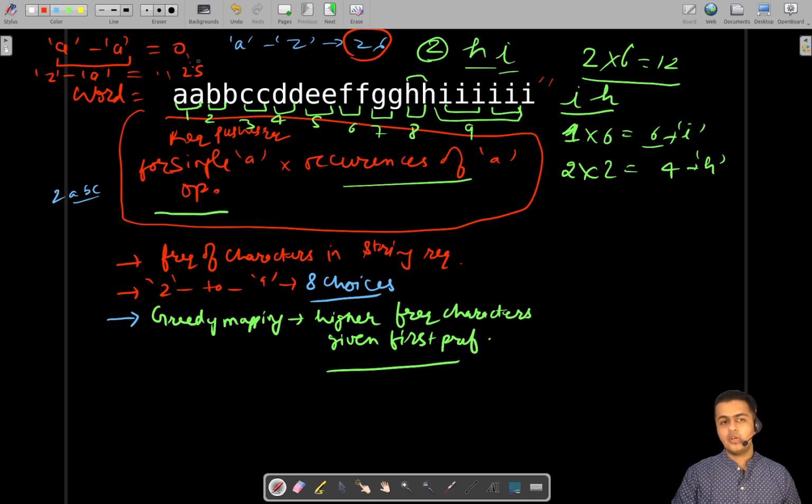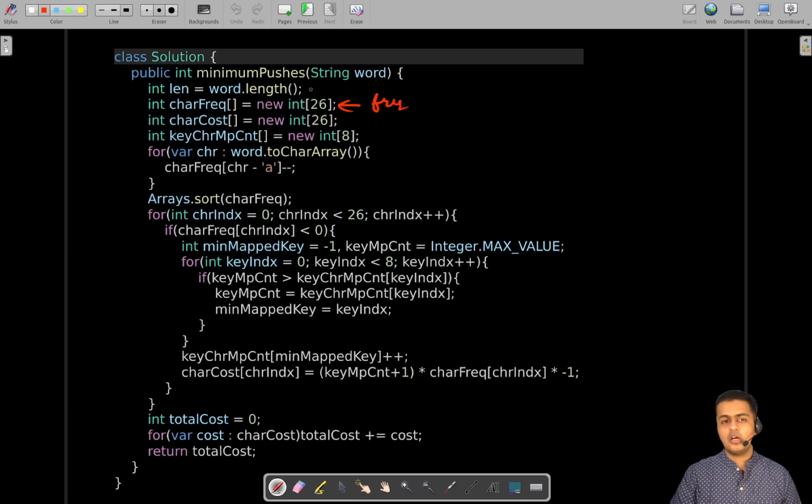So indices from 0 to 25 will be sufficient to get a character frequency mapping. We have smartly taken a 26-size array, and the indices are representing the characters.